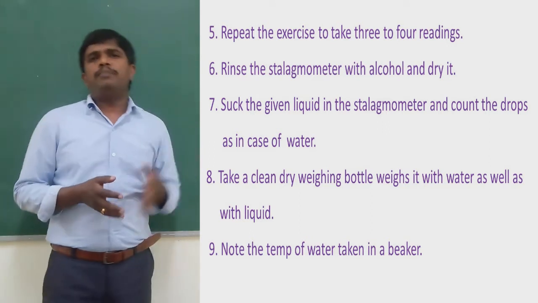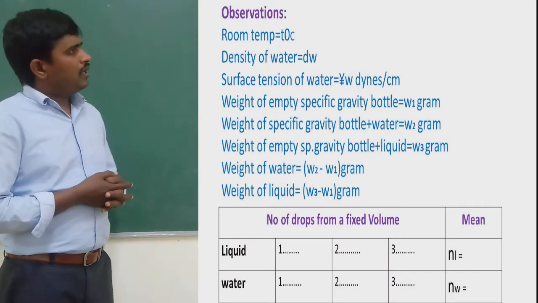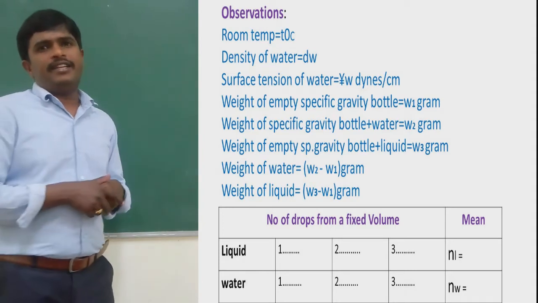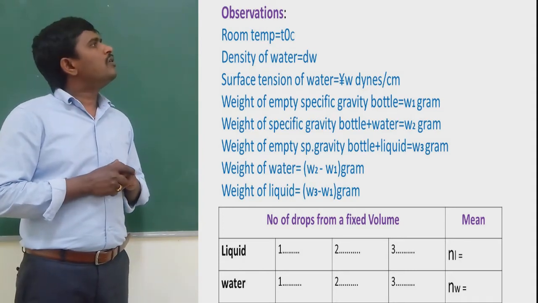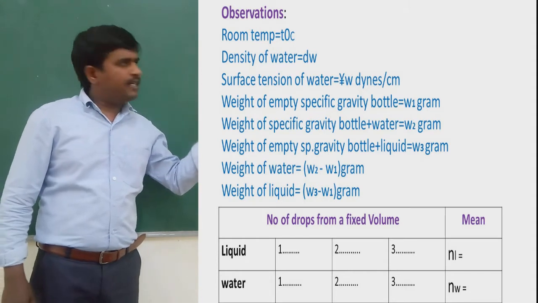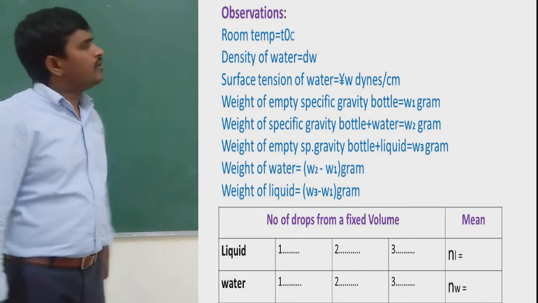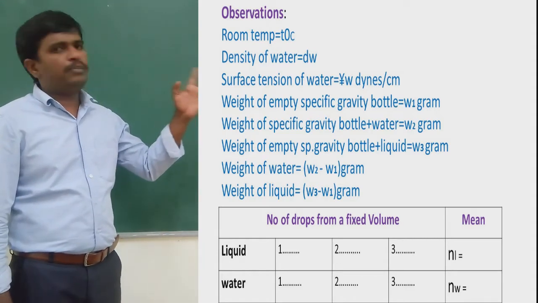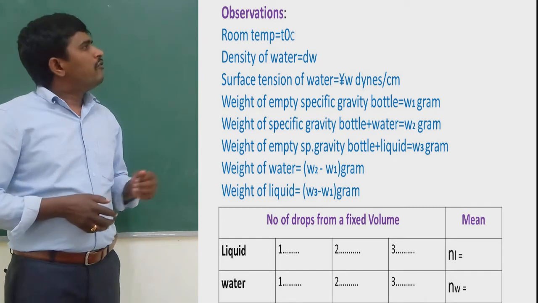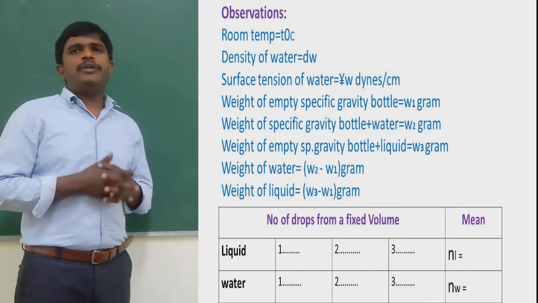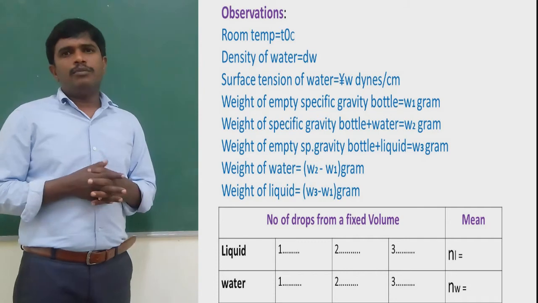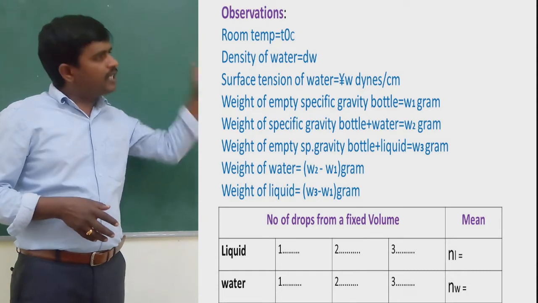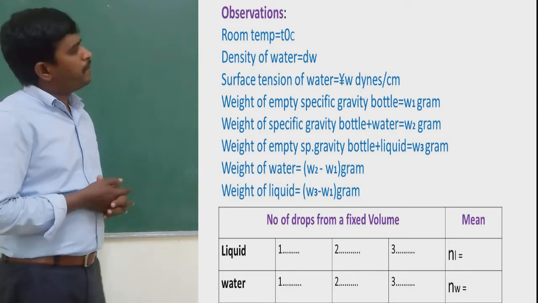Coming to the observation part of this experiment. The room temperature that we have to note down is T degrees Celsius. Density of water, which is known, is dW. Surface tension of water is gamma W dynes per centimeter. Weight of the empty specific gravity bottle is W1 gram. Weight of the specific gravity bottle plus water is W2 gram.